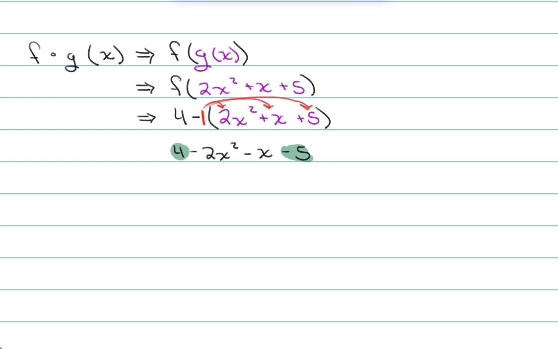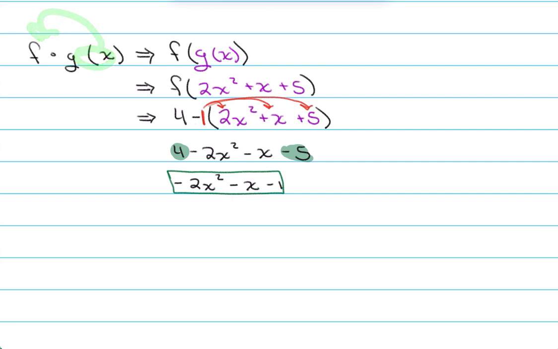I would end up with negative 2x squared, because I'm going to put this in standard form, so you have the highest exponent first, minus x. 4 minus 5 is minus 1. And this is the composite function f of g of x. So we're just going to plug one function into another.